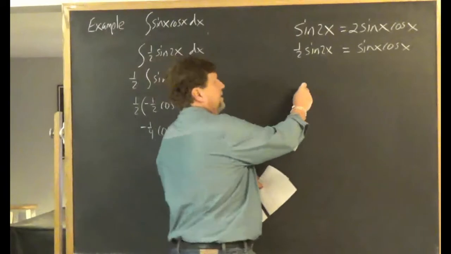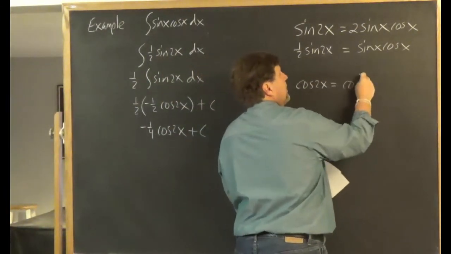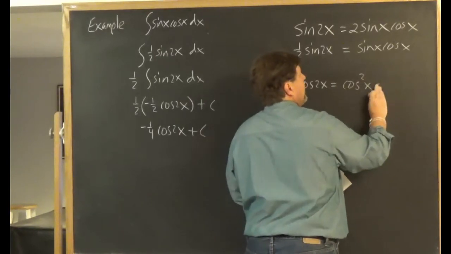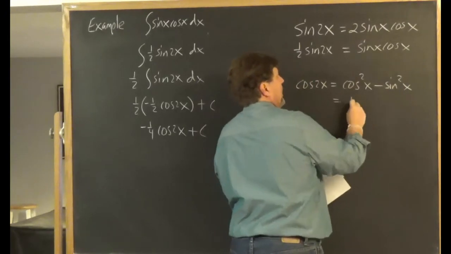And that's because cosine 2x, remember there are 3 different double angle identities for cosine 2x.